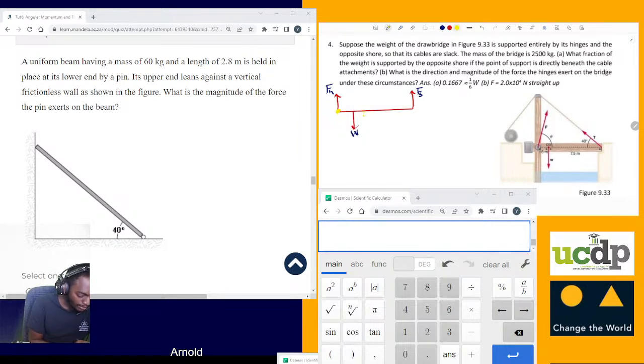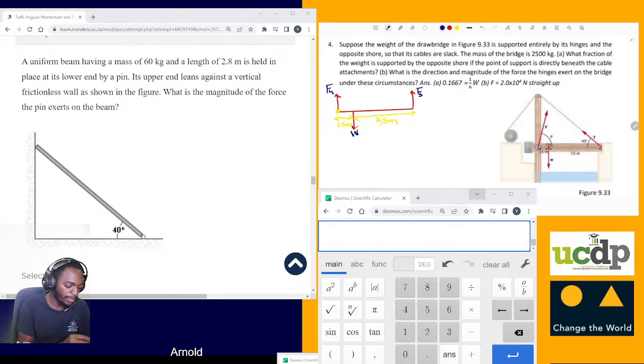We can also label this is 7.5 meters and this is 1.5. Basically, that is all we're given in this particular question. So we can then take it from there, look at the sketch, and solve the problem that we have.